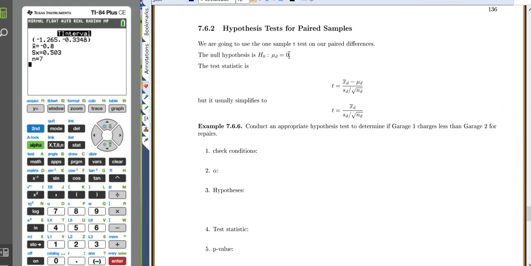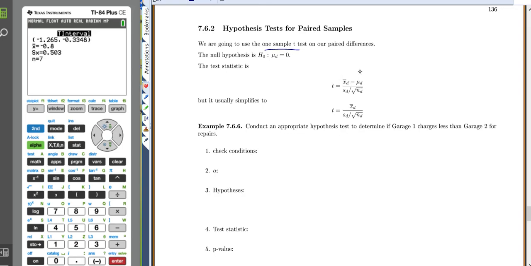So we did a confidence interval. We can also do a hypothesis test for it. So we just use again our basic one sample t-test. We're not really going to do anything new. The most interesting thing is our mean will always or usually be equal to 0, because the boring status quo is that our two garages are equal, so then the mean will just be equal to 0.